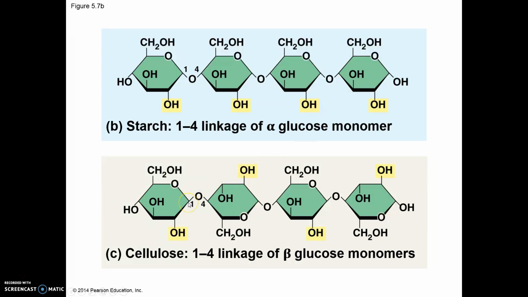Here, because we are linking a beta linkage with it above the ring to a carbon where it is in a different position, we end up with this flip-flopped structure. So here we have a hydroxyl, we come up, here's the glycosidic linkage, it is kind of arrow pointing up. This one is now arrow pointing down, and this hydroxyl is on the opposite side. And you can see this reverses back and forth, back and forth, back and forth.